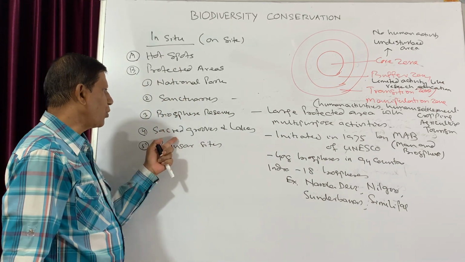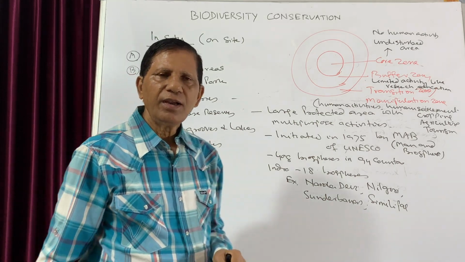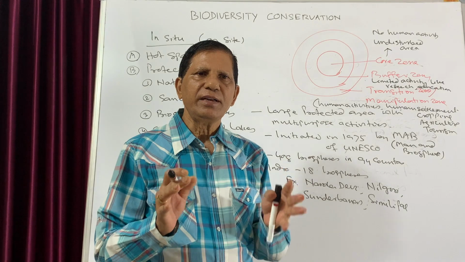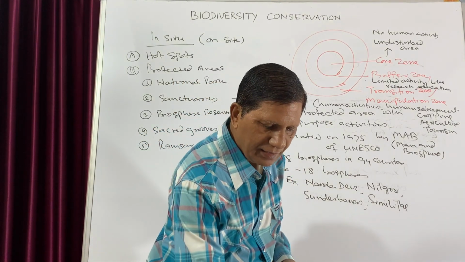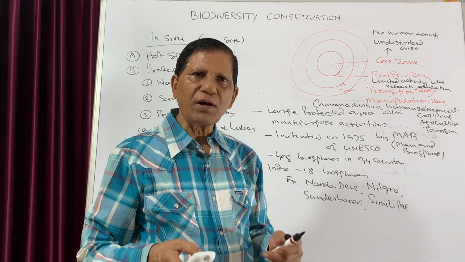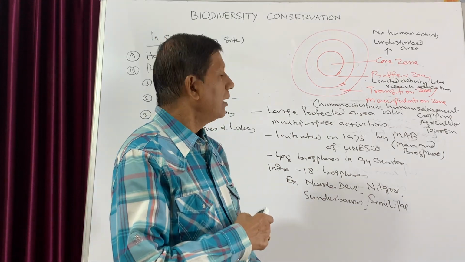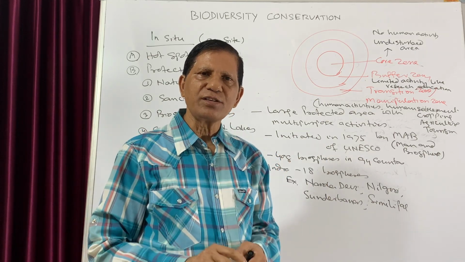Now come to the fourth one, that is sacred groves and lakes. Most of the people are quite religious, and they even worship their local deities through the plants.